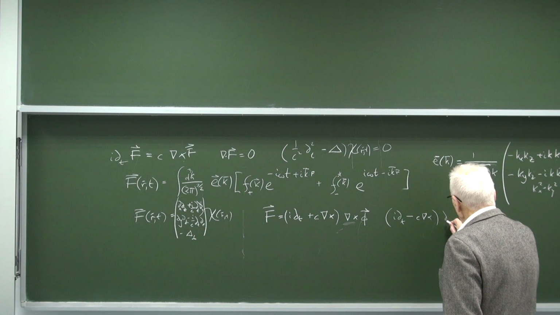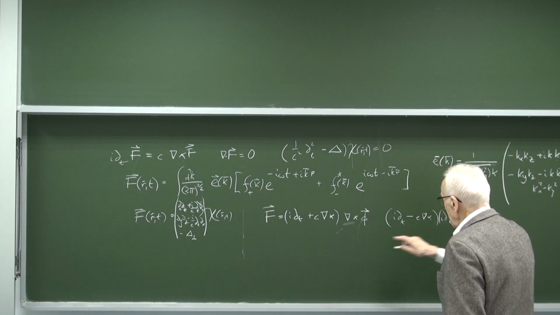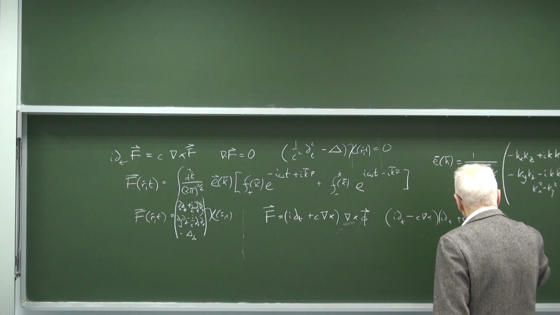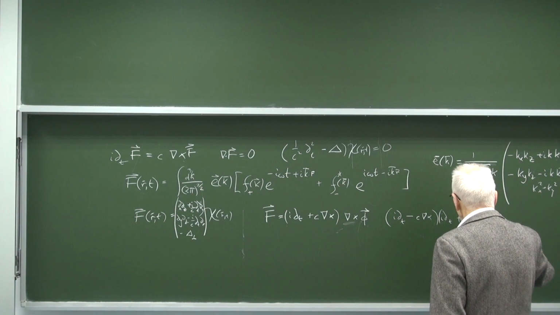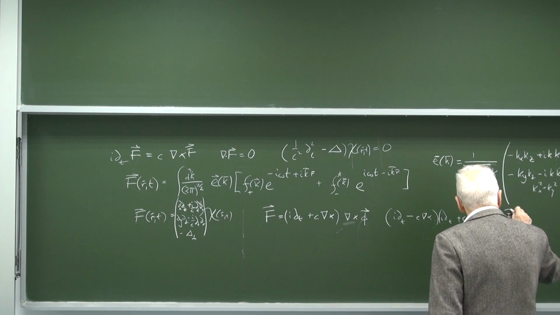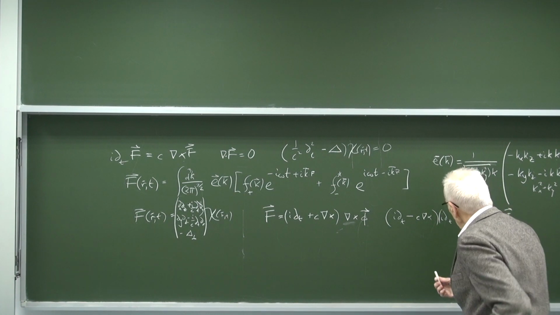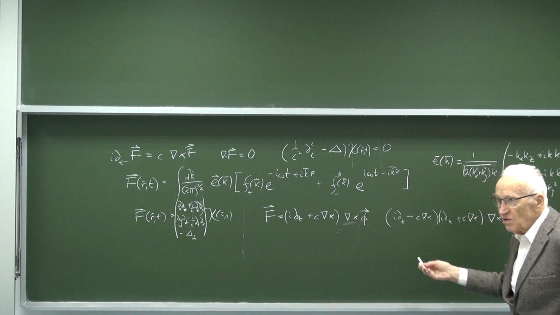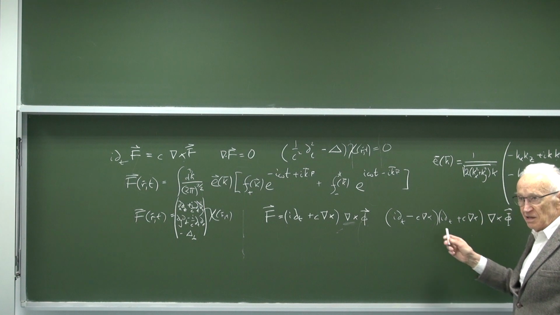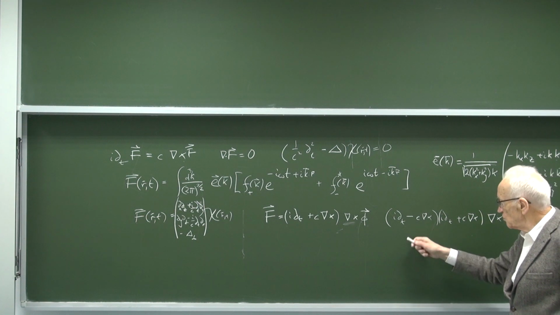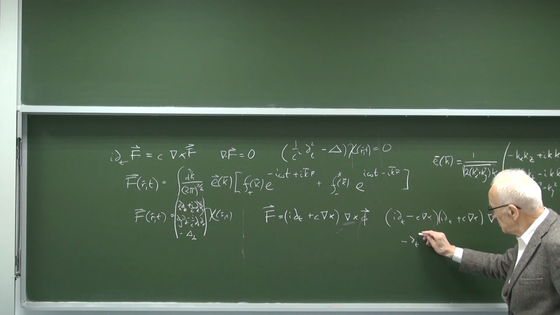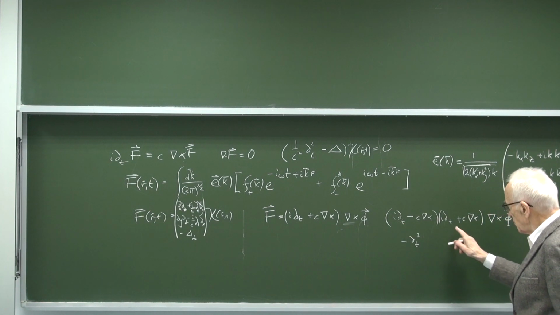So we have i dt here with the plus sign, c represents here, and the curl of this vector field phi. Now what happens here? We have the difference and the sum. So the result is that we have minus dt squared, the difference of the squares.